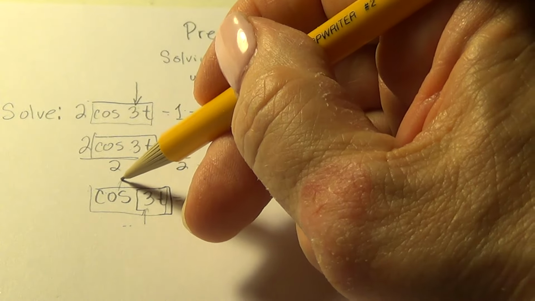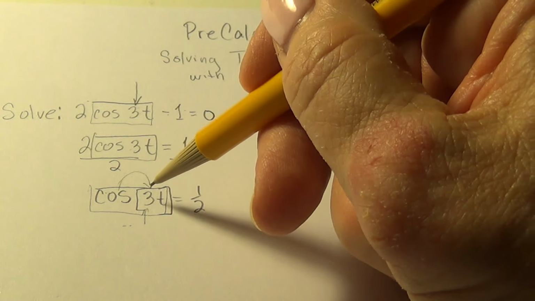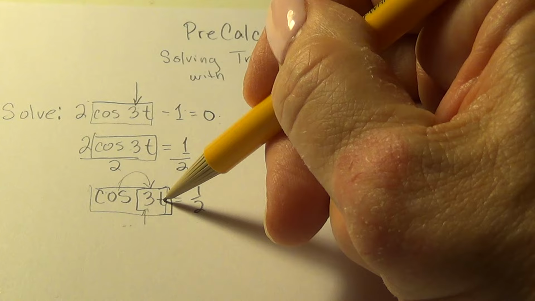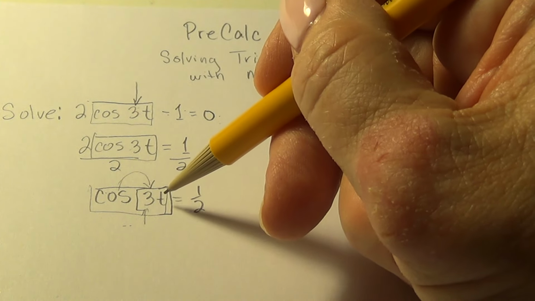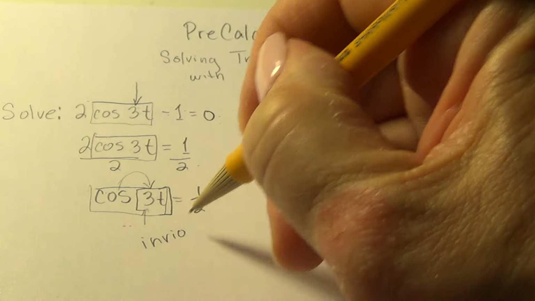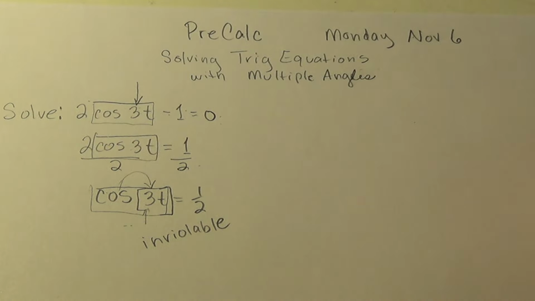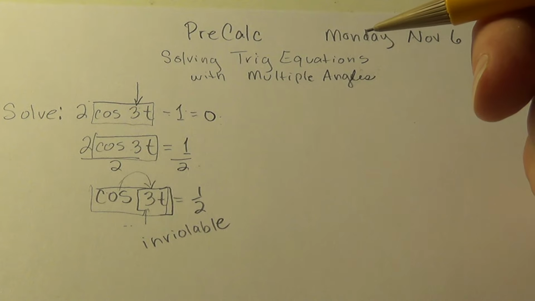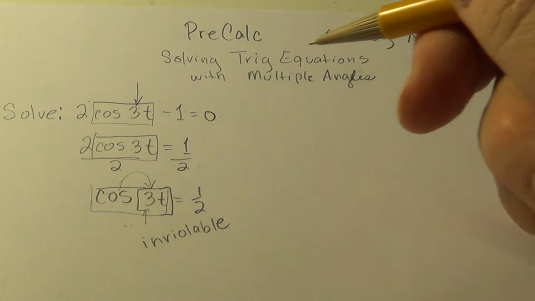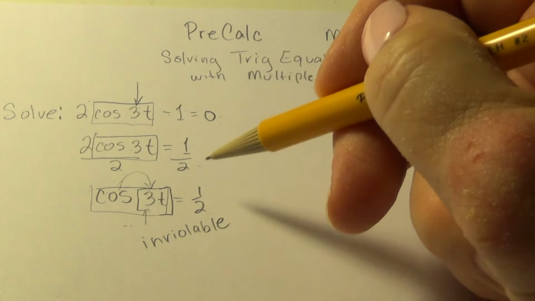That to which the cosine is applied is called the argument. It's applied to both the 3 and the t, so we cannot split it up. It's inviolable. We'll think of it as a marriage, which in the perfect world is inviolable.